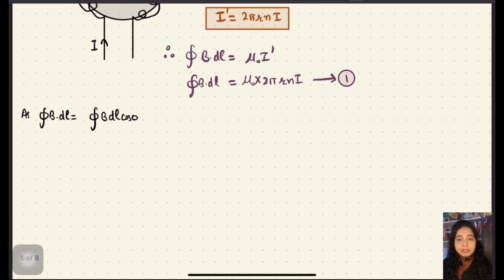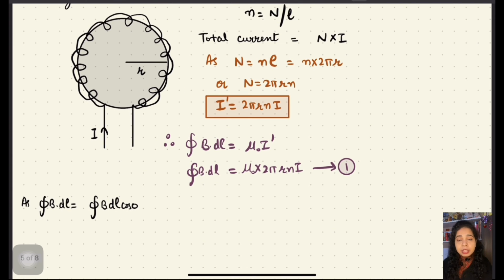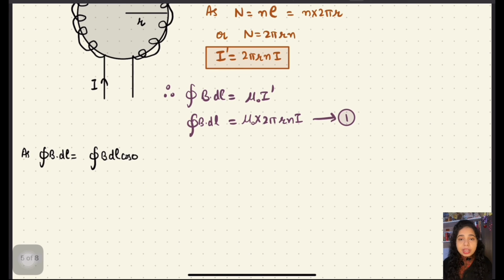Removing the dot, the angle between B and dl is 0 degrees. Why? Because the magnetic field is always acting along the tangent, and also the small portion dl of the toroid is along the tangent of the circular toroid. Therefore closed integral B dot dl is equal to B dl cos 0, which is equal to B dl because cos 0 is 1.